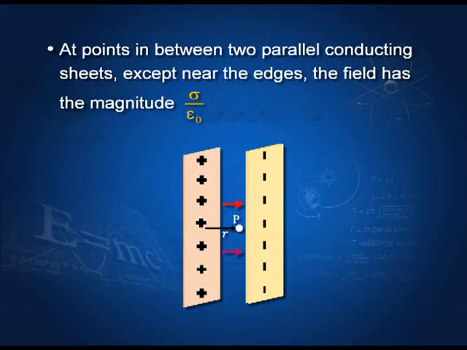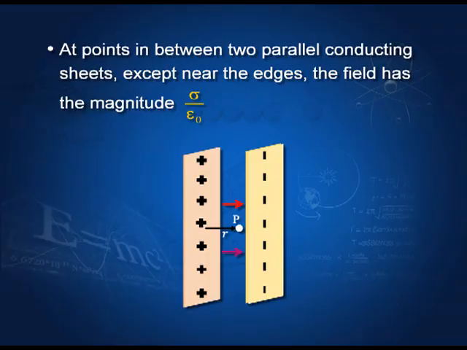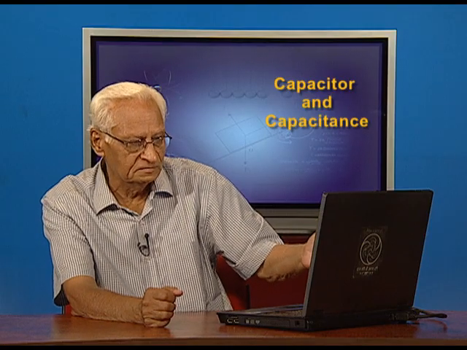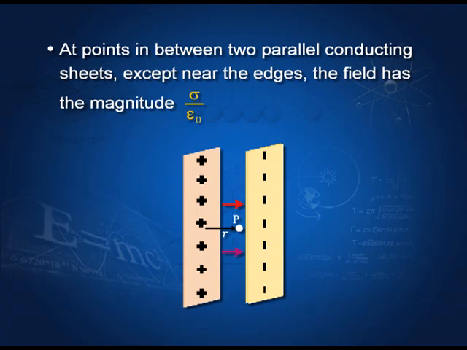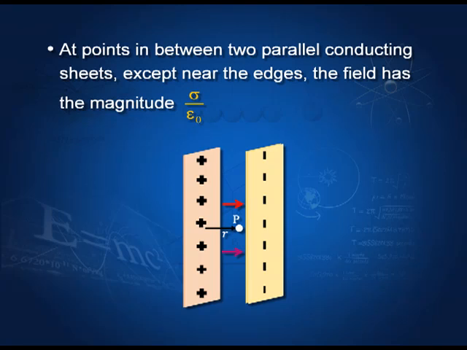At points in between two parallel conducting sheets, except near the edges, the field has the magnitude sigma by epsilon 0. Let me remind you how we get it. The field due to this sheet is in this direction, say the red arrow, and it has a magnitude sigma by 2 epsilon 0. The field due to this sheet, because the charge is negative, is also in this direction inside the two sheets, say the blue arrow, and it is also sigma by 2 epsilon 0.